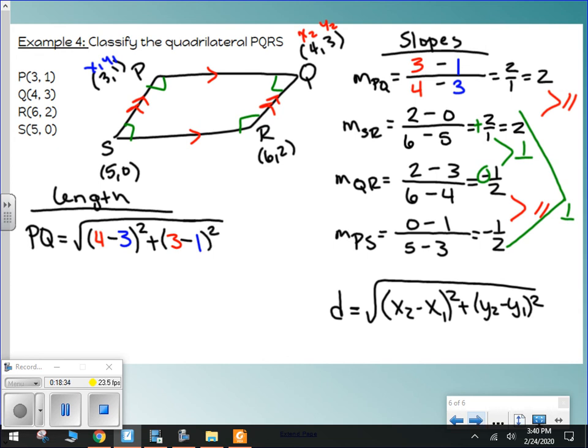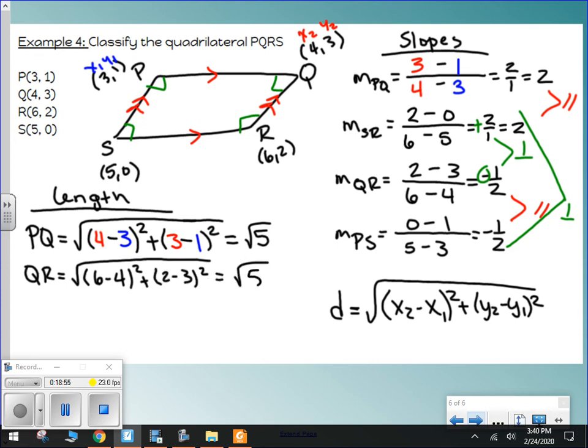So for QR, I have 6 minus 4 squared plus 2 minus 3 squared. And that also gives me square root 5. And then I do SR, which is 2 minus 0 squared plus 6 minus 5 squared, which also gives me square root 5.